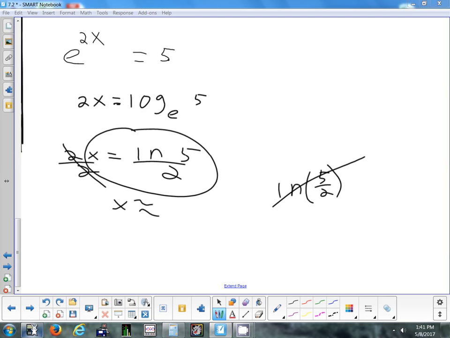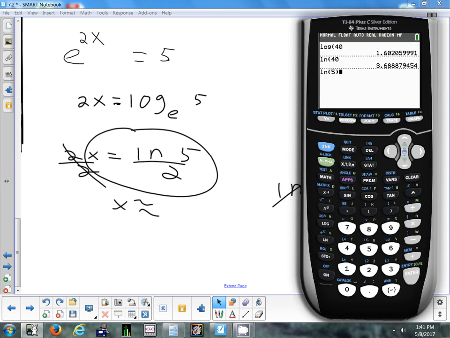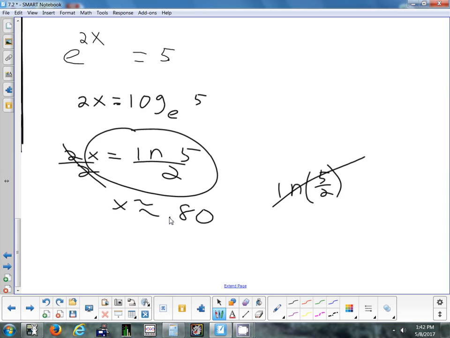All right, so just close your parenthesis and divide by 2. And you get about 0.80 if they wanted a decimal. Okay. Any questions on that?